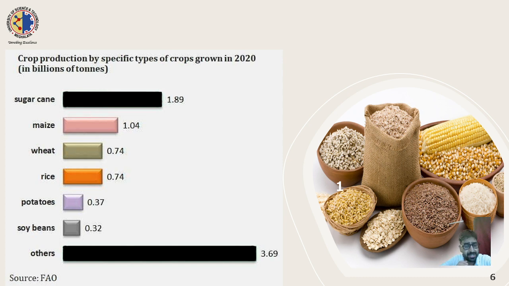In crop production, the highest crop grown throughout the world is from the family Poaceae, or you can say the family Gramineae. Sugarcane, maize, wheat, and rice are all from Poaceae. So the top four crops grown throughout the world are from this family.